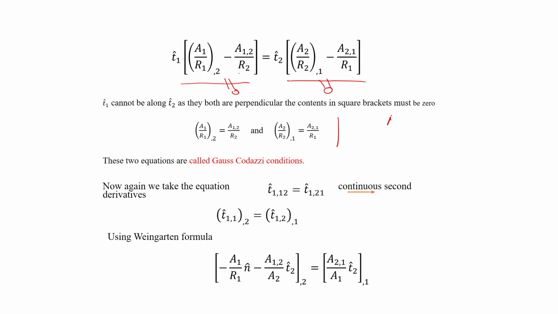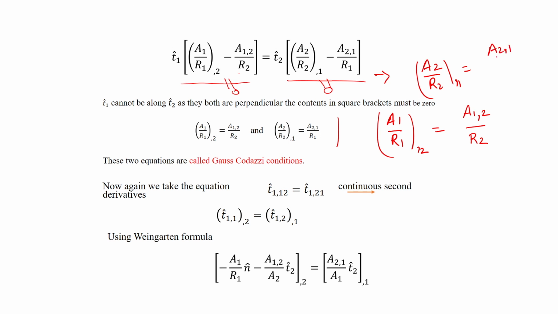Basically, this equation gives you A1 upon R1 whole derivative 2 will be written as A1 comma 2 divided by R2. From this we can get A2 by R2 derivative 1 can be written as A2 comma 1 upon R1.